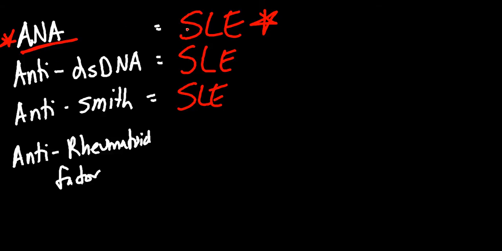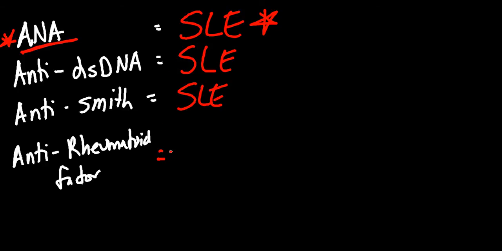So if you are suspecting lupus, systemic lupus erythematosus, I want you to be doing a kind of mental checklist in your mind. Well, do we see anti-double-stranded DNA? If we don't see it, it doesn't mean we don't have SLE. However, if we don't have ANA positive, if we're not anti-double-stranded DNA positive, if we're not anti-Smith positive, you know it's probably not going to be SLE.